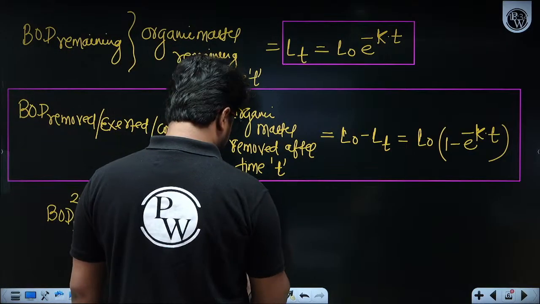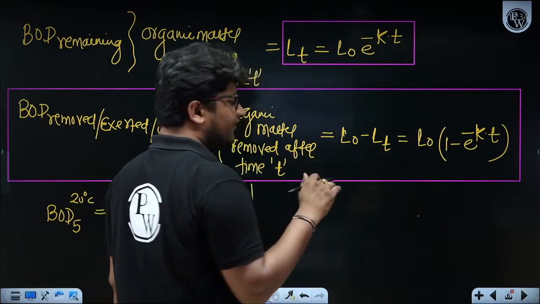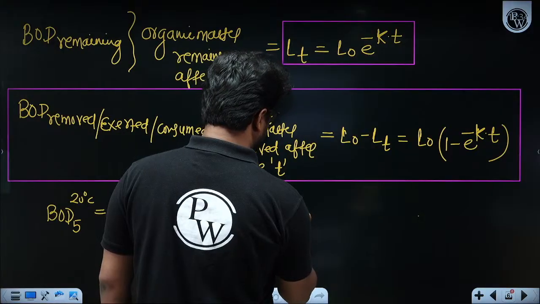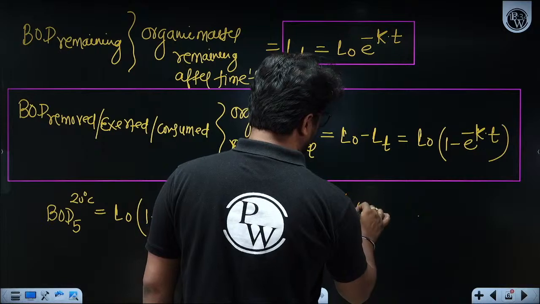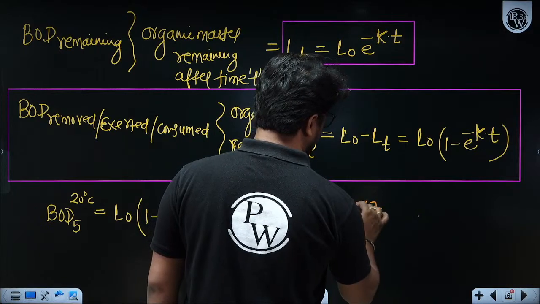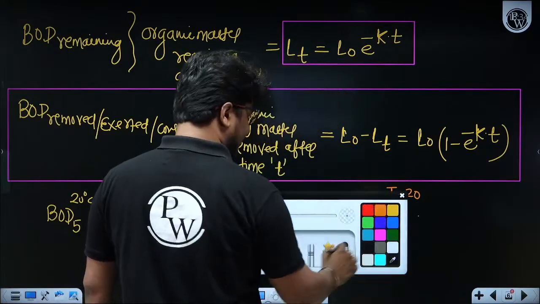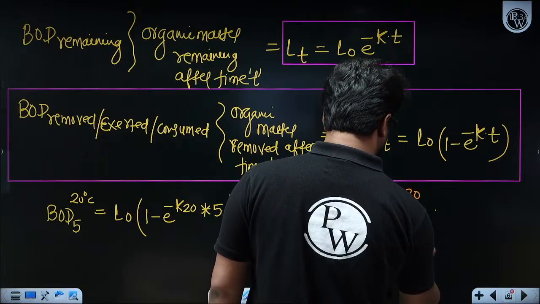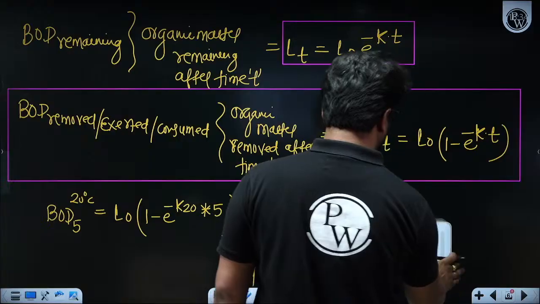Now definitely you will ask me, sir, what happens if I have to find out for a different temperature? For that we have a simple relation, KT equal to K20 into 1.047 to the power T minus 20, where T is in degrees Celsius, or you can say T is the temperature.